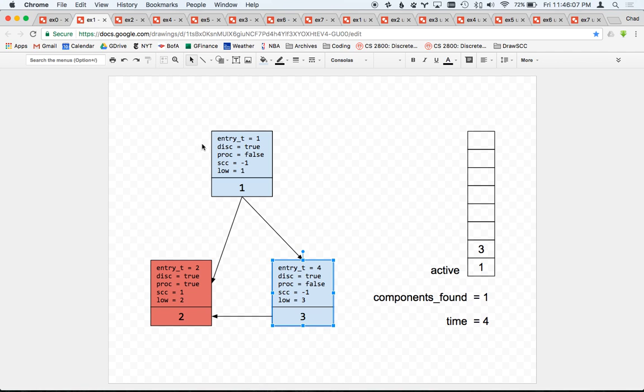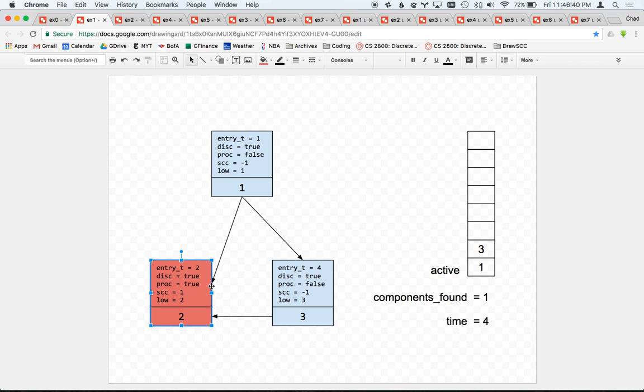Because if that were possible, then we would hold on to hope that maybe vertex 3 could be part of a strongly connected component with one of its ancestors via this path, right? That is, via vertex 2. But we know that vertex 2 doesn't go back to any of the ancestors of vertex 3 because it is its own strongly connected component.